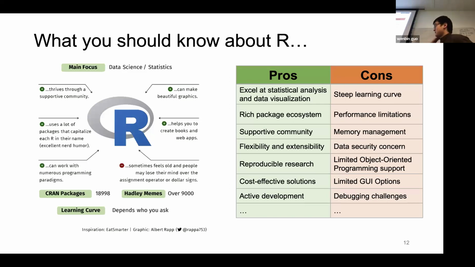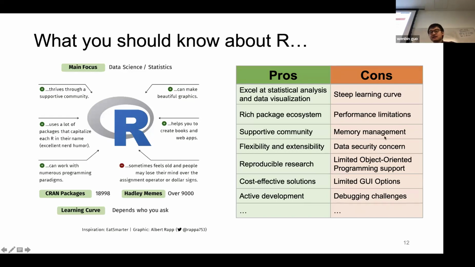And also because R is a high-level language compared to lower-level languages like C and C++, the performance is kind of limited. So you don't really want to use R when you are faced with really heavy computing. Basically, the speed of R is a real concern.